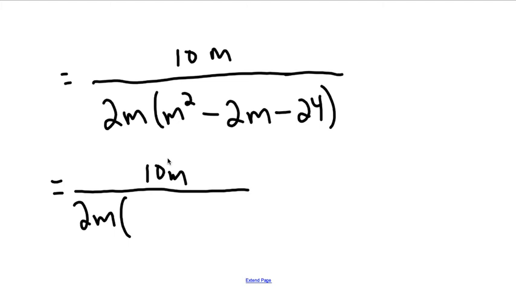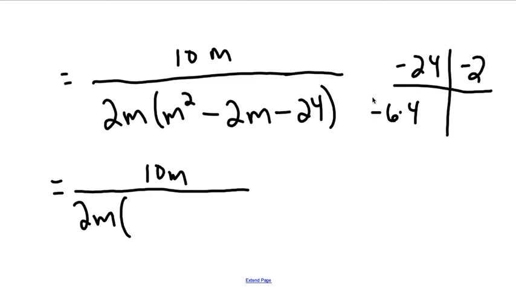So what two numbers will multiply to give me negative 24 and add to give me negative 2? So if you think about that for a second, negative 6 times 4 is negative 24. Negative 6 plus 4 gives you negative 2. Okay, so m minus 6, m plus 4.